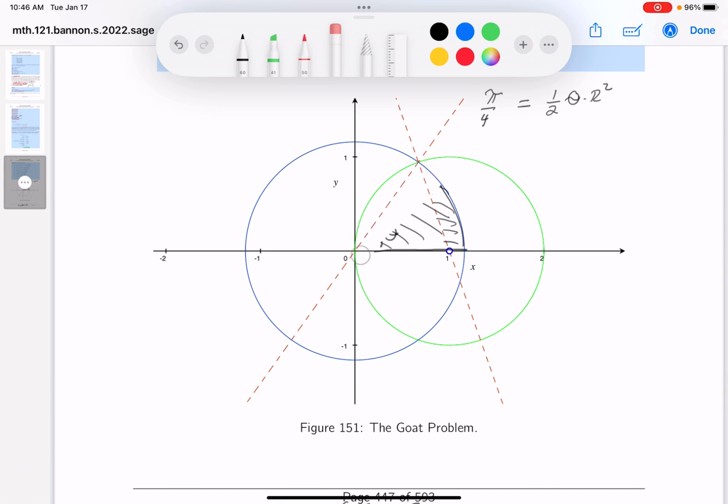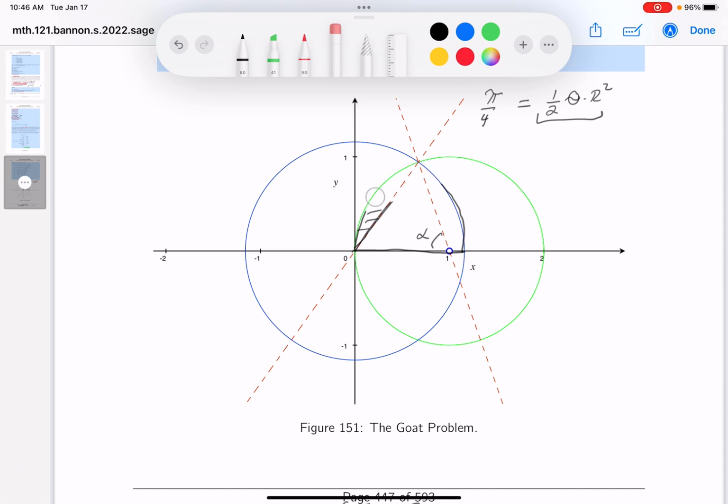Let me erase this over here. All right? This is alpha. So what I need to do is I need to get this little section over here. I didn't get that yet. Again, this part here is this part over here. All right? But I need to get this thing over here now to fill it up completely.